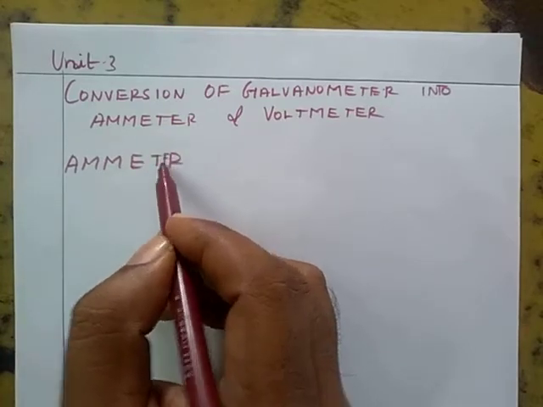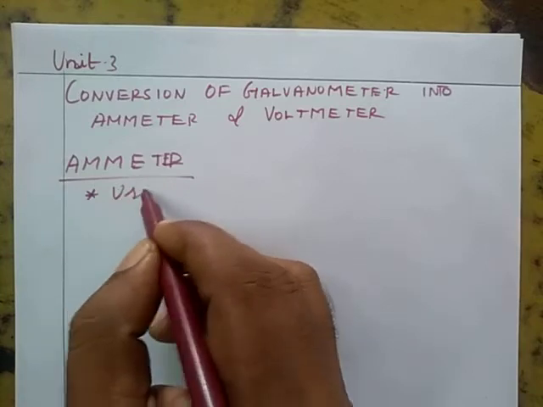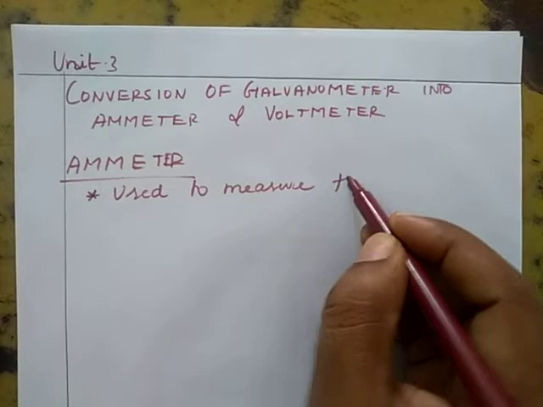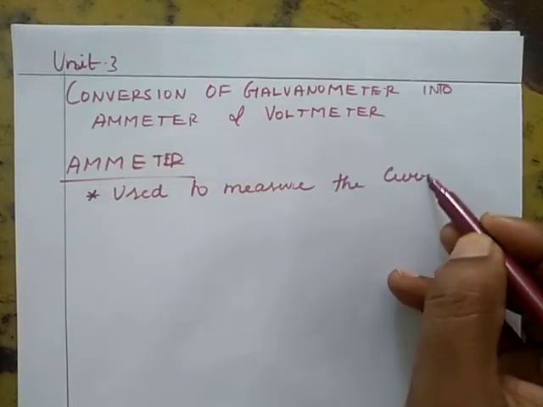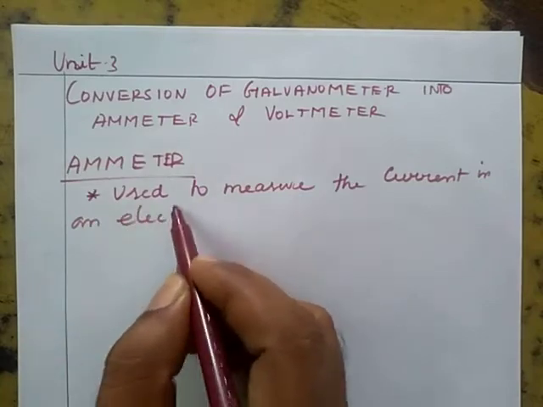Ammeter. Ammeter is a device used to measure the current in an electrical circuit.